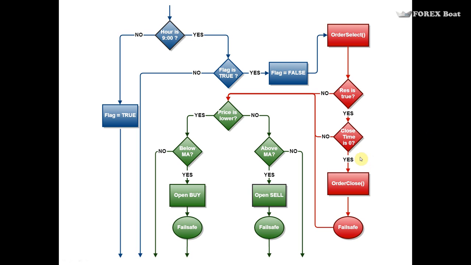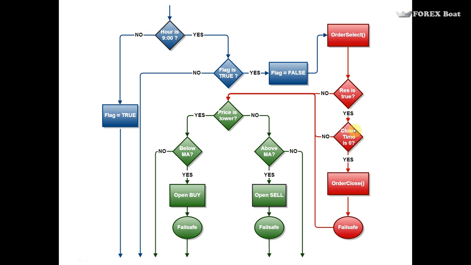If an order's close time is not 0, then the order has been closed, and we go this way. That means that the MetaTrader 4 terminal has assigned a close time to that order, so it's already closed and we don't need to do this part. However, if the order close time is equal to 0, then we do need to close the order because it's still open.